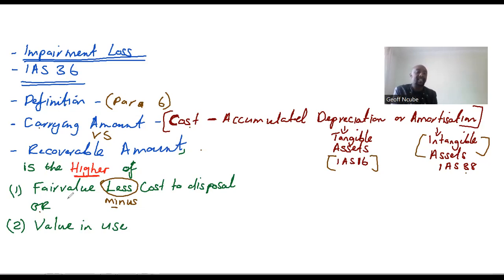So what is, Jeffrey, the fair value less cost of disposal? All right. So the fair value, for instance, you want to sell your old TV, or your microwave, you no longer want it, or your refrigerator. So what is your first instinct?